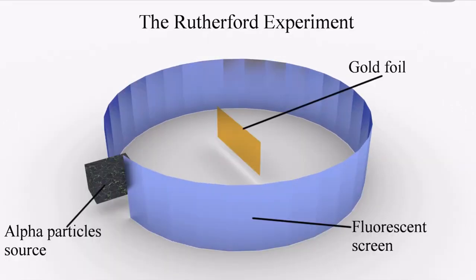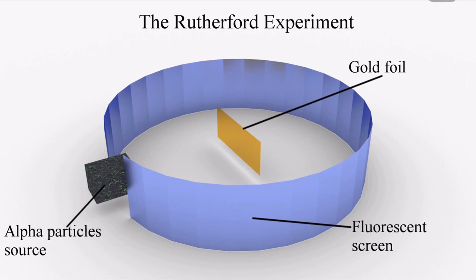So right here we have this source. This is the alpha particle source, which means that we have a radioactive substance which is emitting alpha particles. Right around it we've got this fluorescent screen, and then we've got a very thin gold foil.